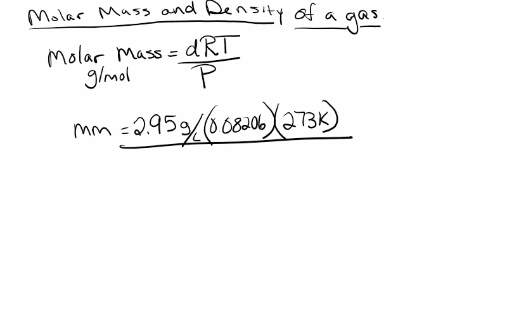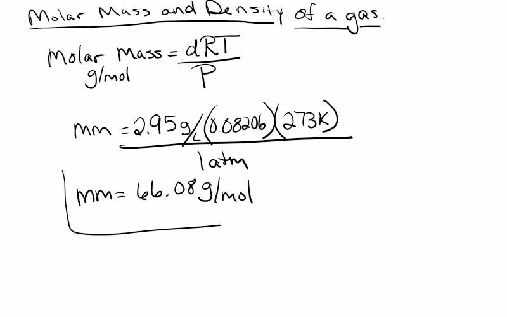And we're going to put all over 1 atmosphere for our pressure. Okay. So after we finish this calculation, our molar mass is going to be 66.08 grams per mole, and that is our mass of the gas at that particular density.